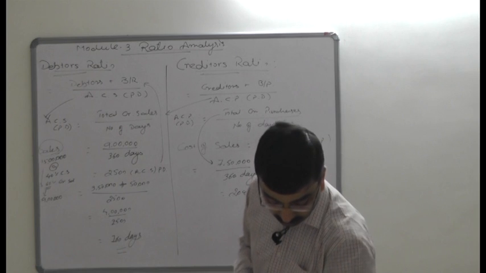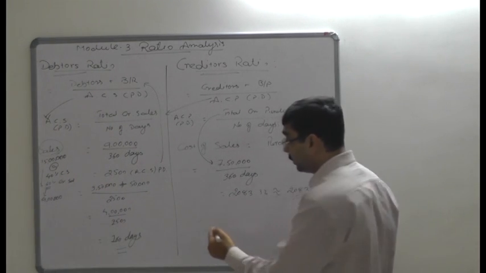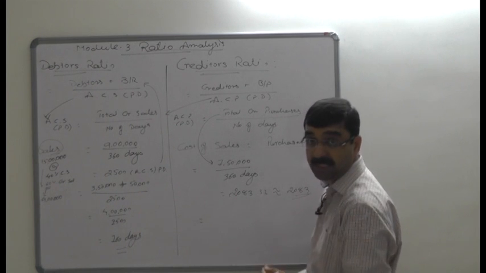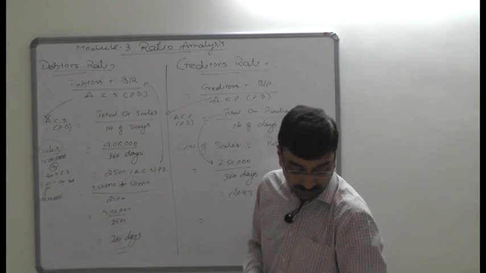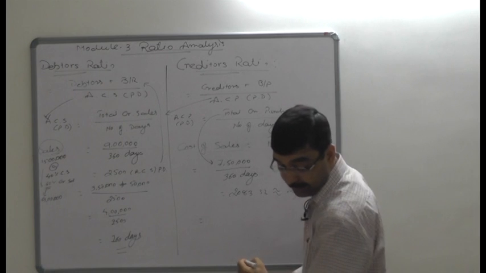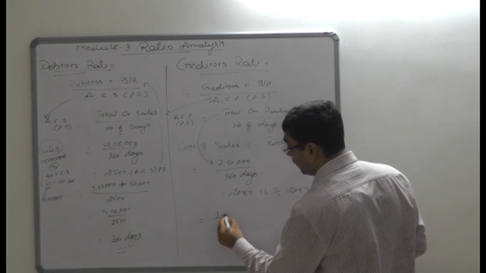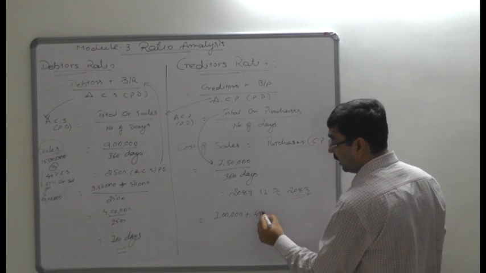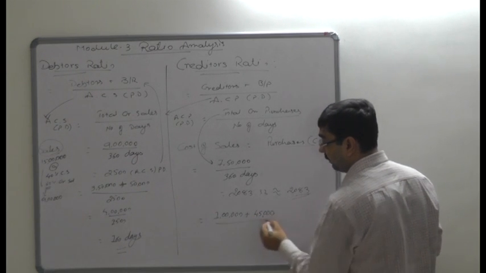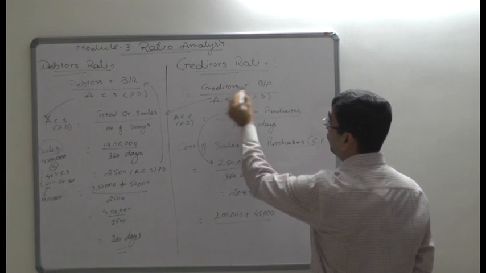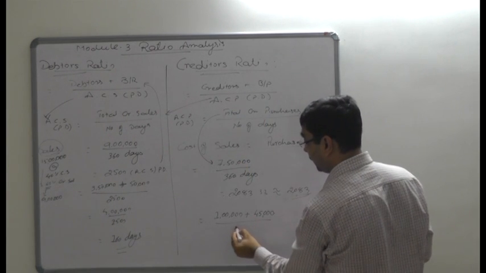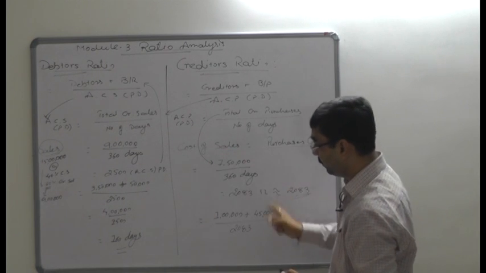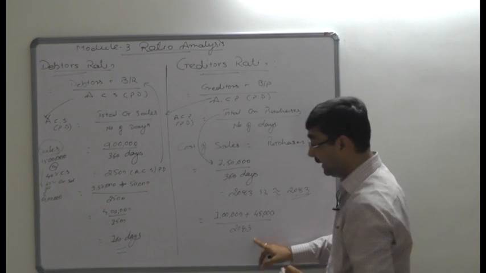Now we use this value in the main formula, where the creditors and bills payable value is needed. Look at the liability side of the balance sheet and identify the creditors and bills payable. Creditors are 1 lakh rupees and bills payable are 45,000 rupees. So the total comes to 1,45,000, and the average credit purchase per day comes to 2083.